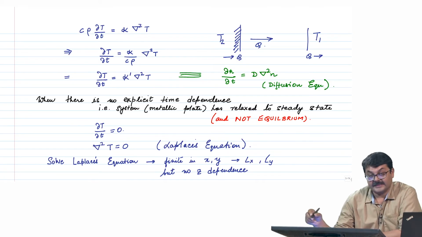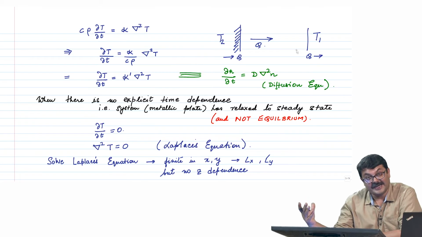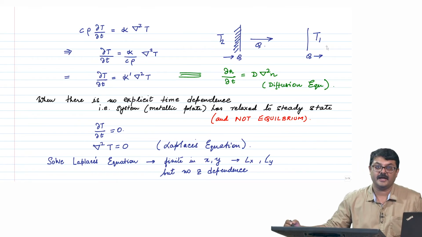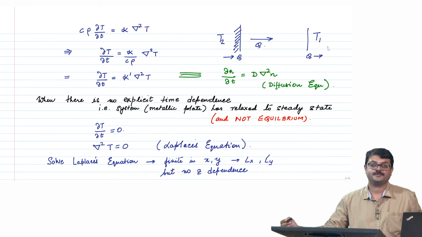Now, as I said before, when the system reaches steady state, suppose this is your material and you are holding one edge of the material at temperature T2 and the other edge at temperature T1.